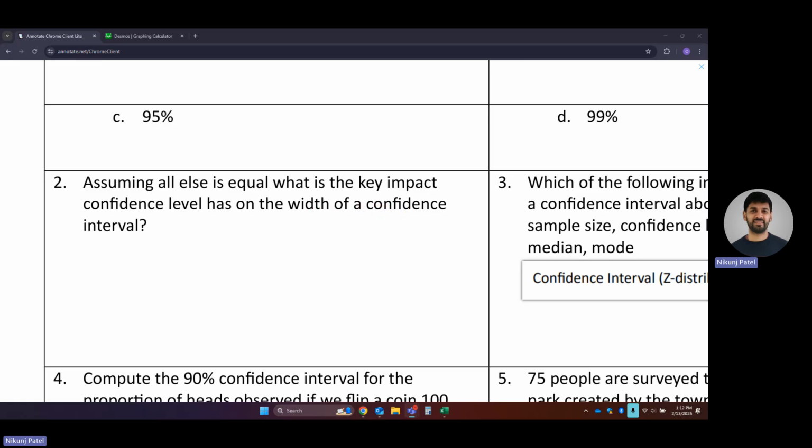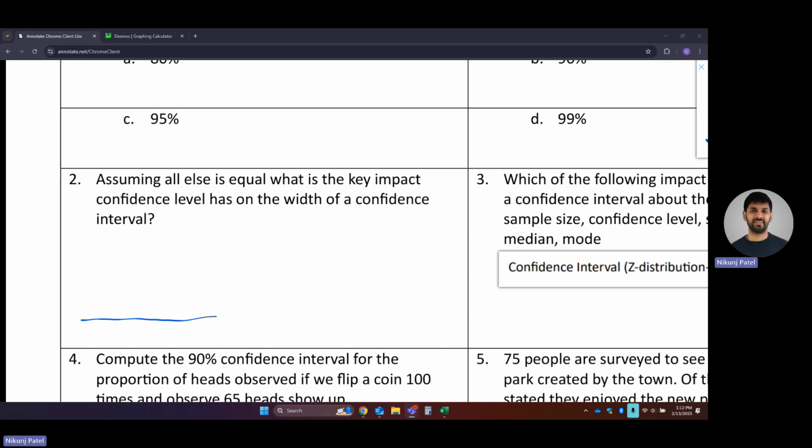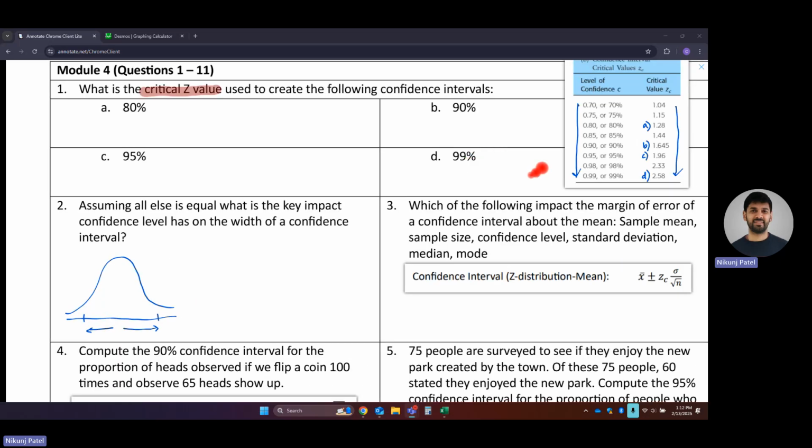So to give you a picture, you've seen this before. Here's your bell curve. And basically what's happening is, as we increase our confidence level, we are moving further out and widening the width of the confidence interval. So the confidence interval is the space between these 2 dash marks that I've made. Now those 2 dash marks depend on these percentages over here.